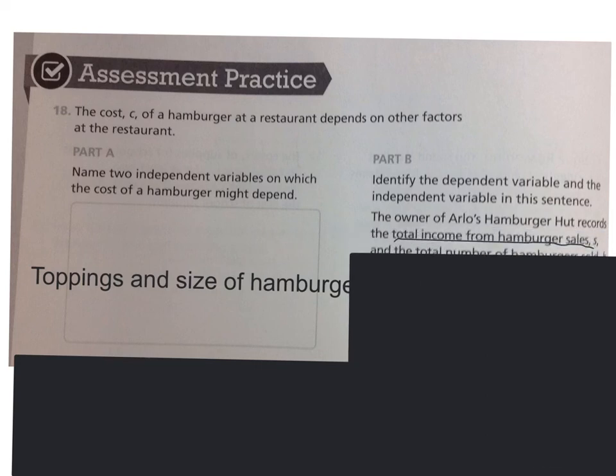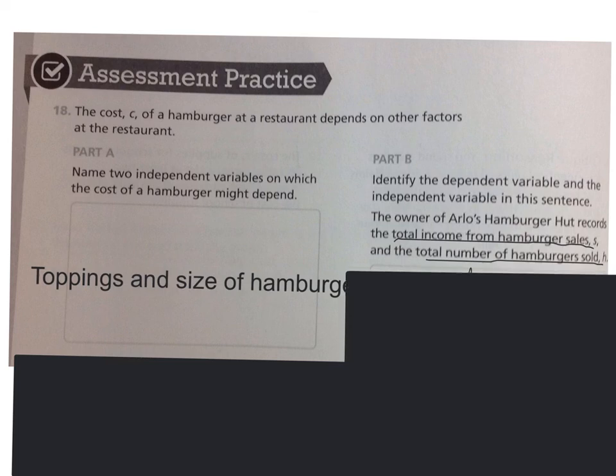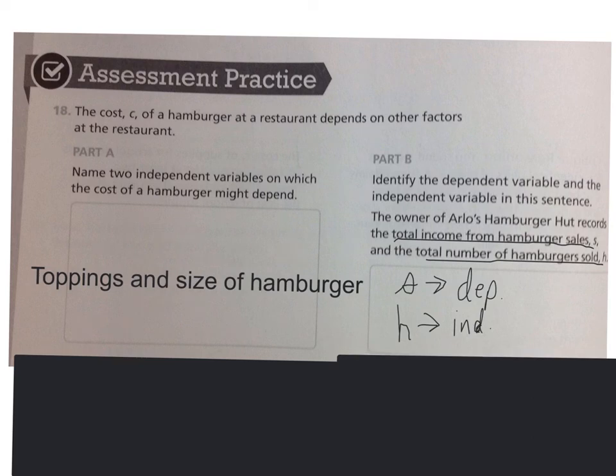The owner of Arlo's Hamburger Hut records the total income from hamburger sales S and the total number of hamburgers sold H. Here S would be the dependent variable because the total income depends on how many hamburgers are sold. Okay, they have the hamburgers, and again, they have to sell them, kind of like what we talked about with the apples the other day.